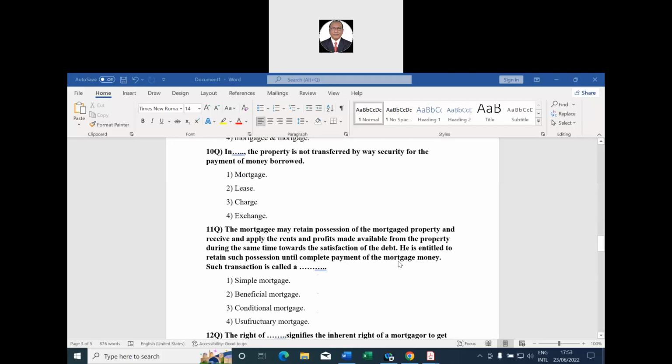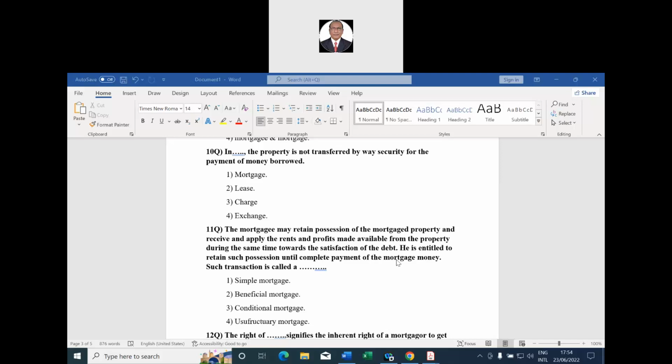11th question. The mortgagee may retain possession of the mortgaged property and receive and apply the rents and profits made available from the property towards the satisfaction of the debt. He is entitled to retain such possession until the complete payment of the mortgage money.